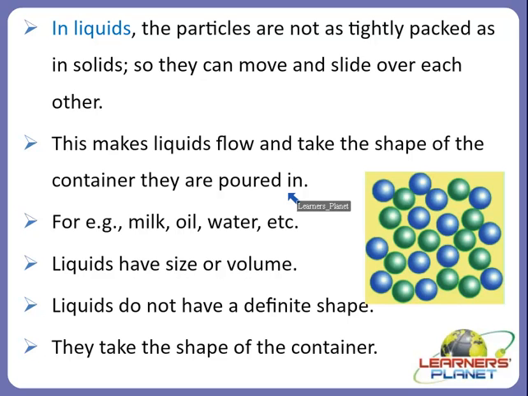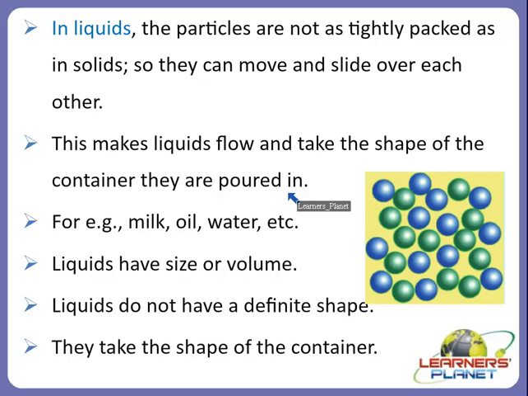If we pour it in a very large vessel, it will take the shape of that large vessel. If we pour it in a small vessel, it will take the shape of a small vessel. So liquids can flow, and that is why they take the shape of the container they are poured in.